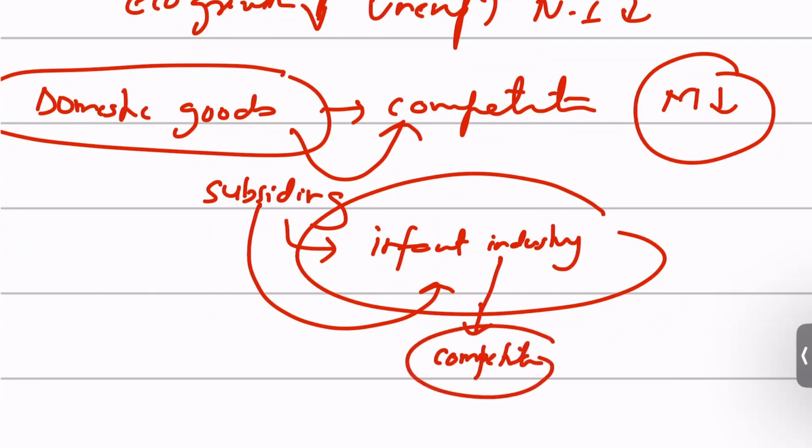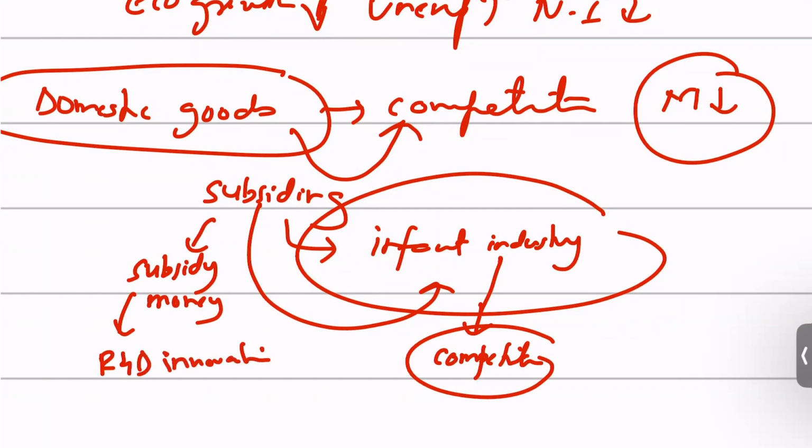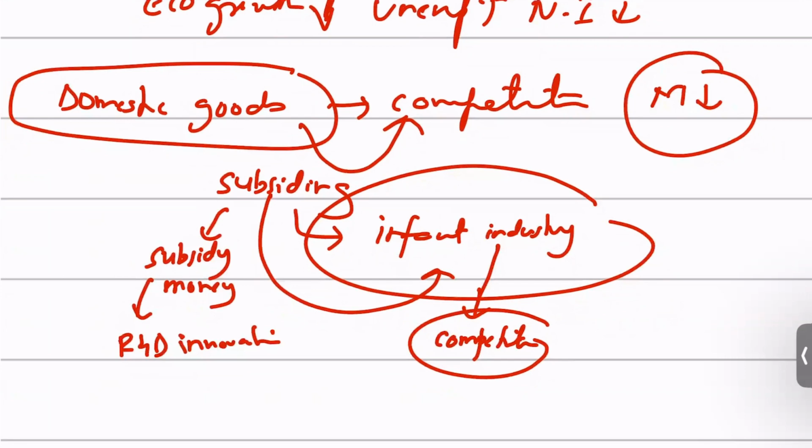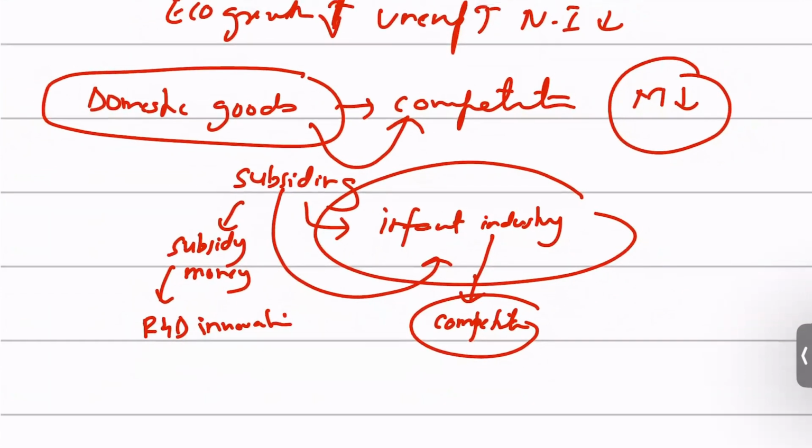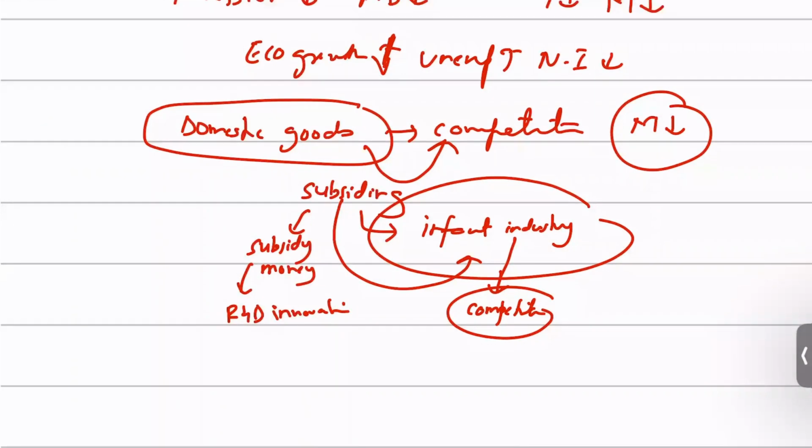They could use the subsidy money to invest in research and development and innovation, and come up with cost effective measures to reduce the cost of production and the unit cost, that is the per unit cost, and make their domestic goods more competitive. And the effect of that would be that the consumer would shift their expenditures from imports to buying more domestic goods, and that would again reduce the import expenditures and improve the balance of trade.